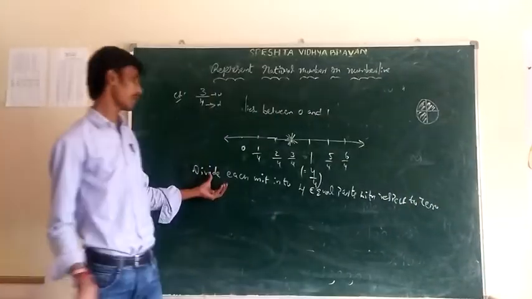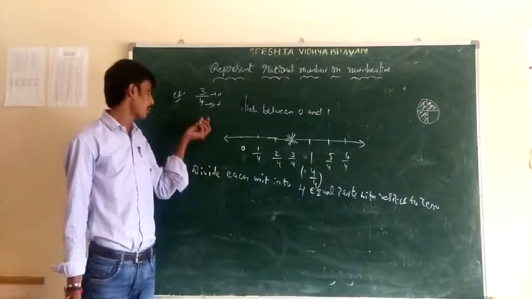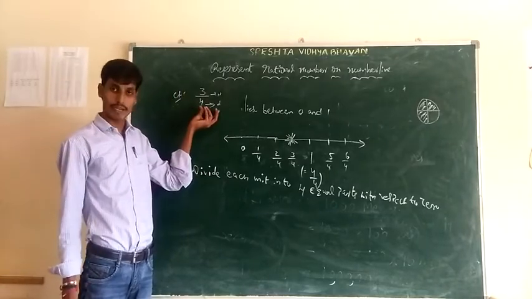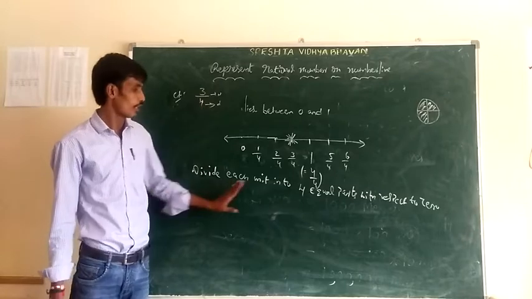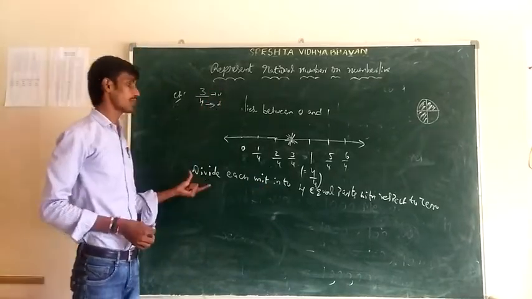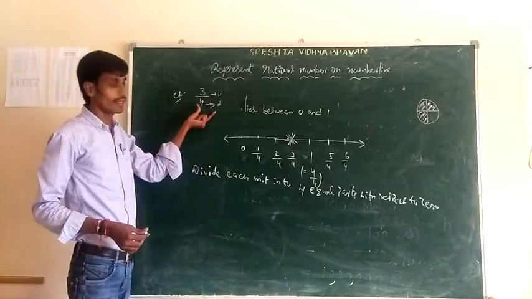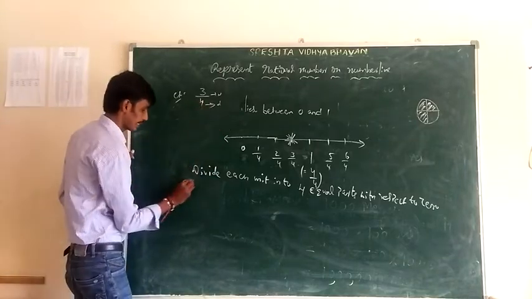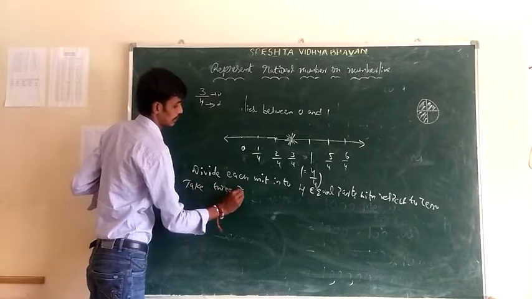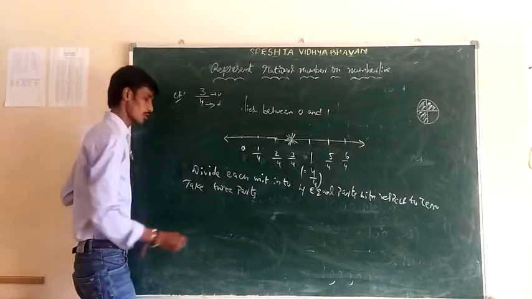Because the denominator indicates the total number of parts we divide into, and here it is 4. After that, how many parts do we consider? Take 3 parts out of these.